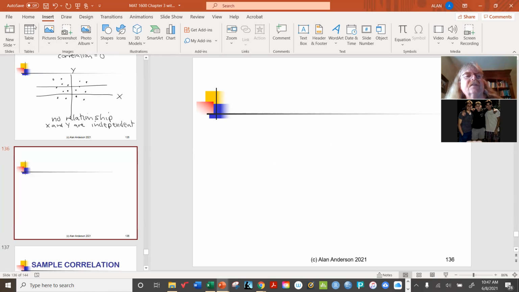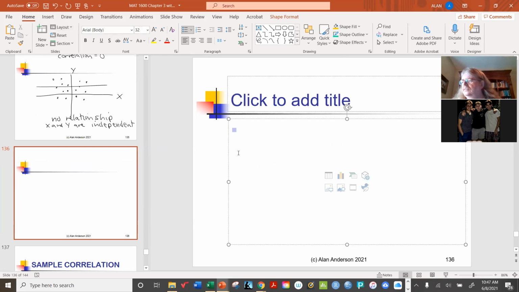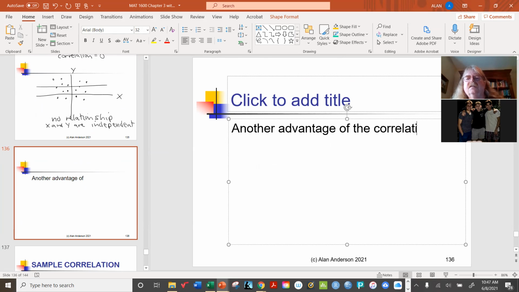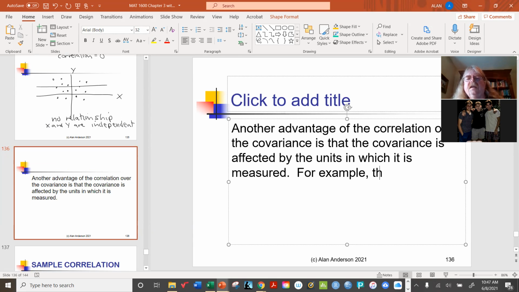Another advantage of the correlation over the covariance is that the covariance is affected by the units in which it is measured. So for example, the correlation will provide a different value.